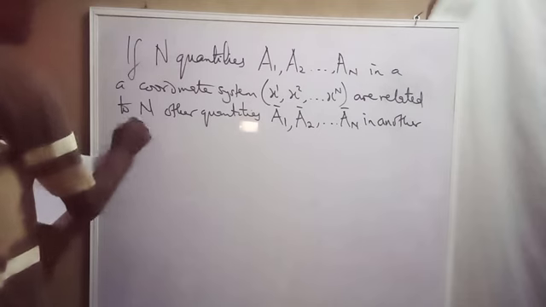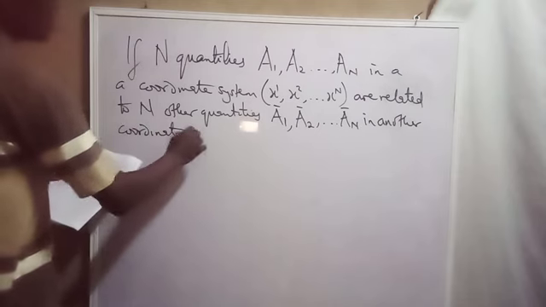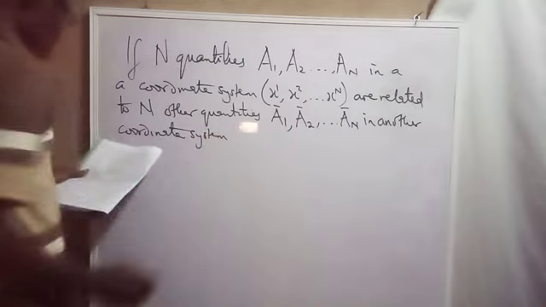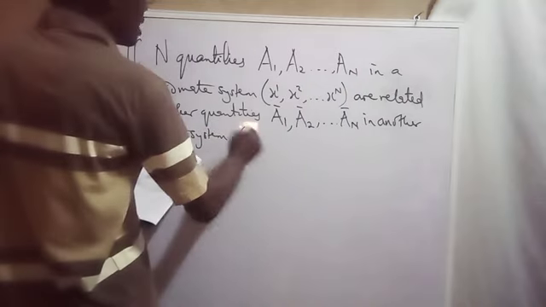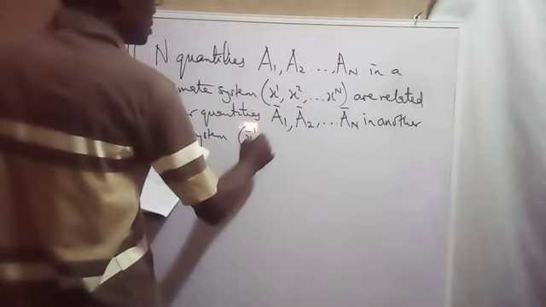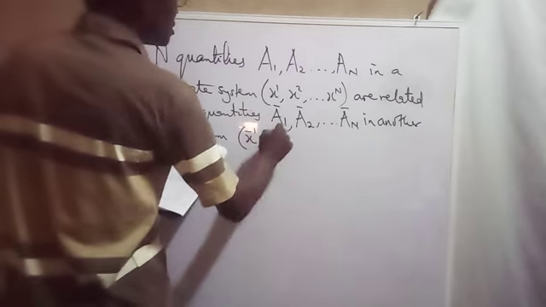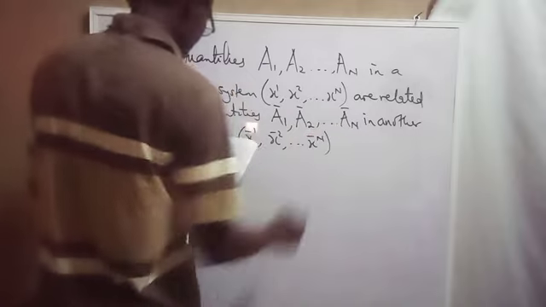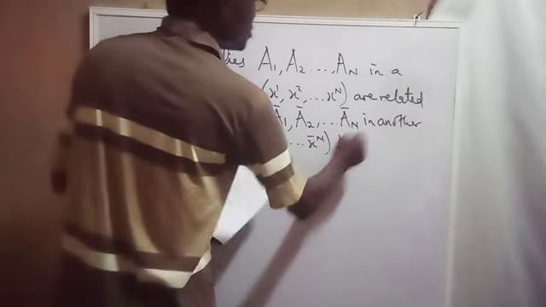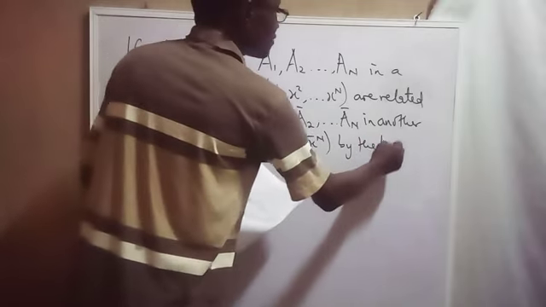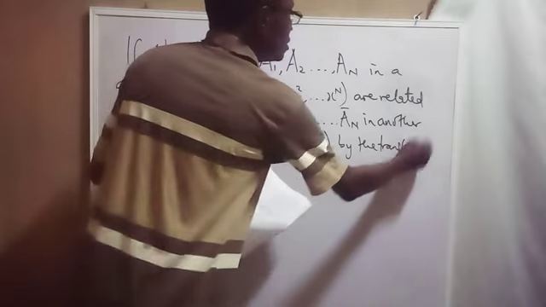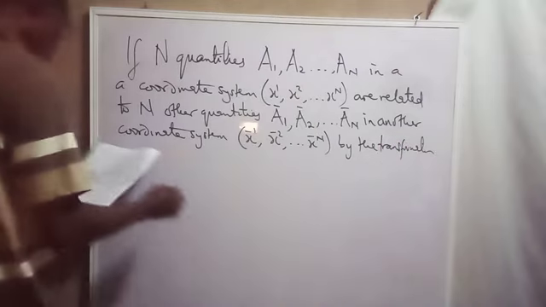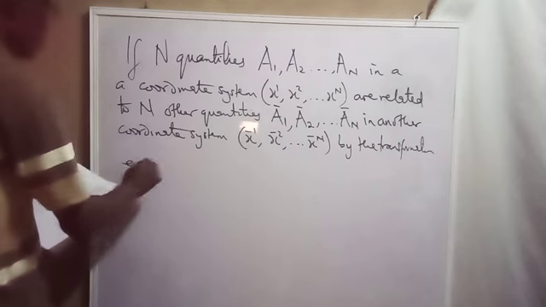In a coordinate system, let's say x bar 1, x bar 2 till x bar n, by the transformation equations.